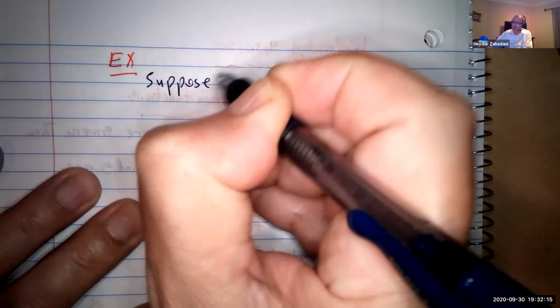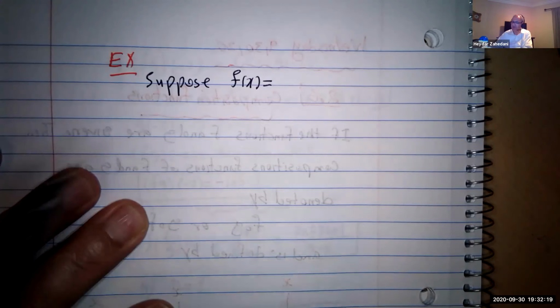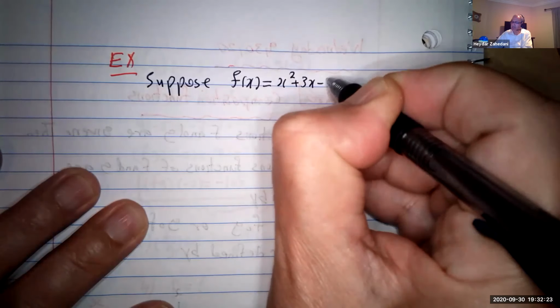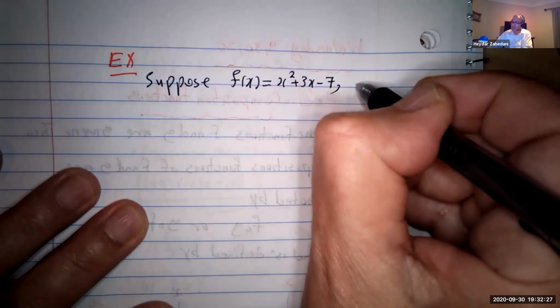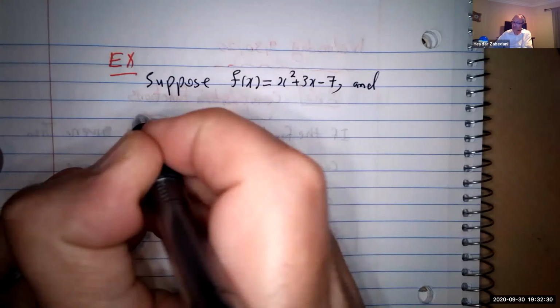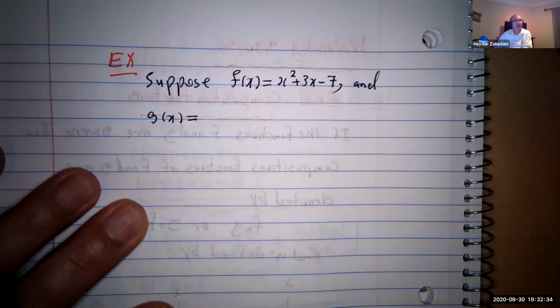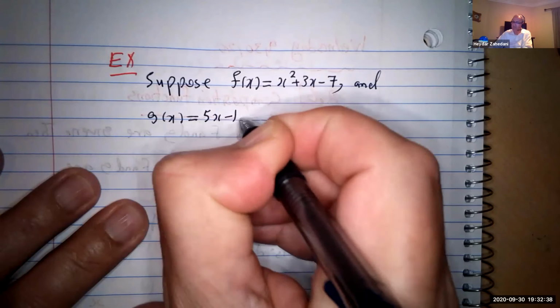Suppose we have two functions. Suppose f of x is equal to x squared plus 3x minus 7. That's f of x. And we have another function, g of x. g of x is equal to 5x minus 1.